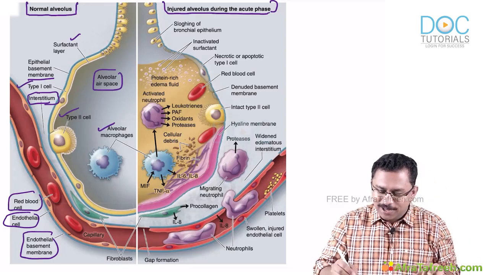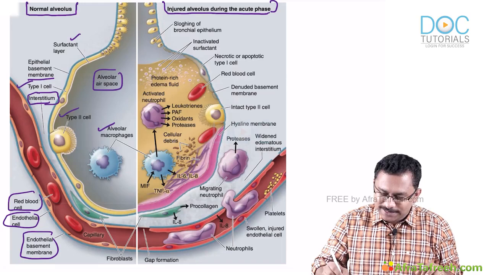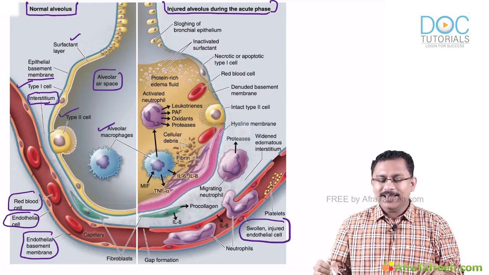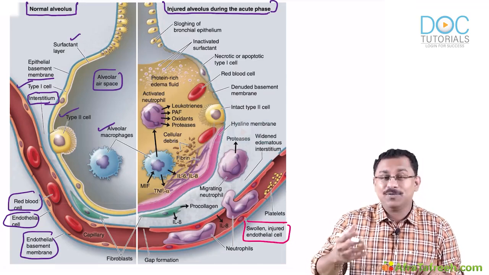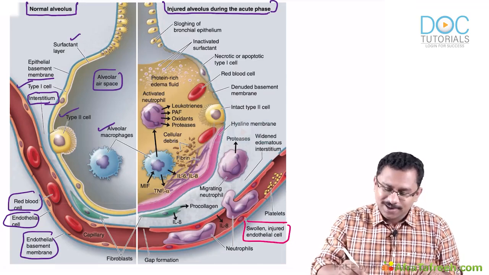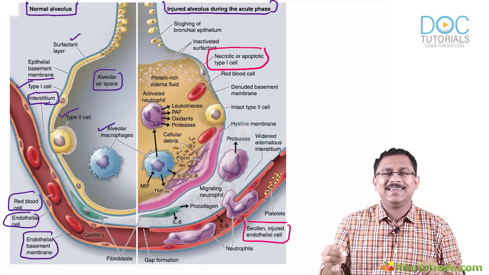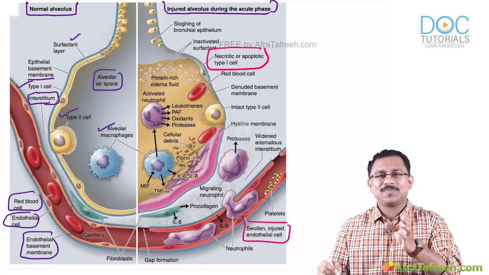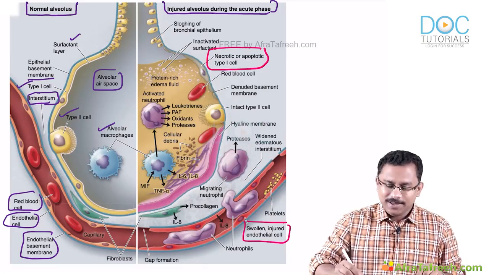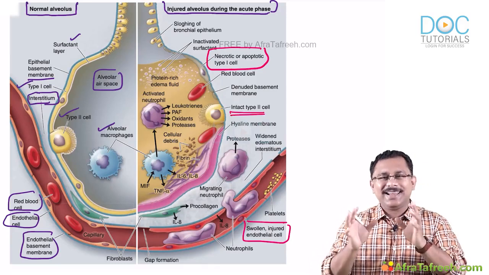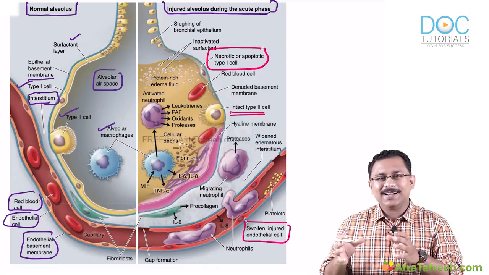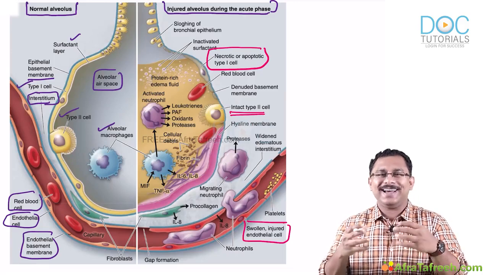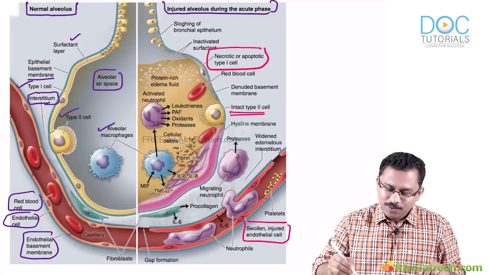In the capillary endothelium, you can see swollen and injured endothelial cells. And the alveolar epithelium is also injured. You can see the type 1 cells are becoming necrotic, and the type 2 cells are relatively preserved. And when such an injury happens to the alveolo-capillary membrane, what will happen?